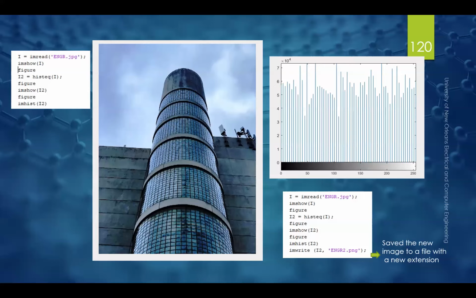And as you can see, that changes how the image looks, because now there's more black information and more white information. It doesn't matter at this point whether the image looks better or worse than before. All we're trying to show you is how you can manipulate images by applying functions like this.